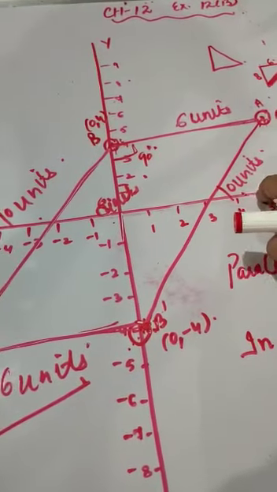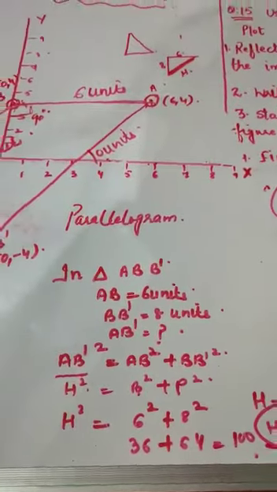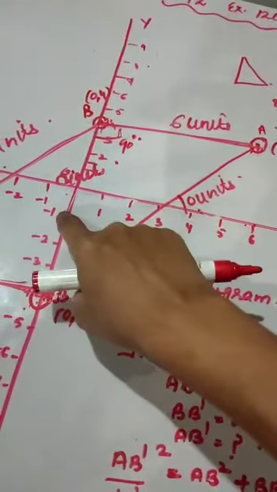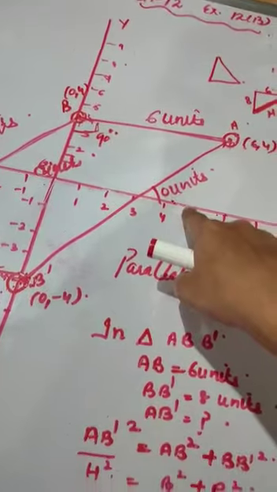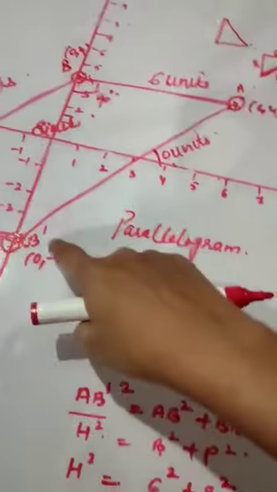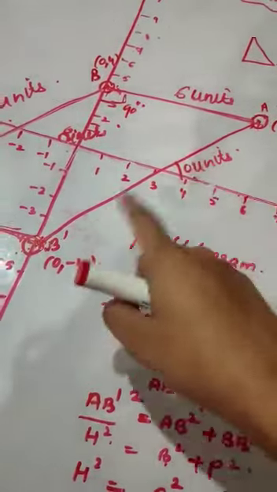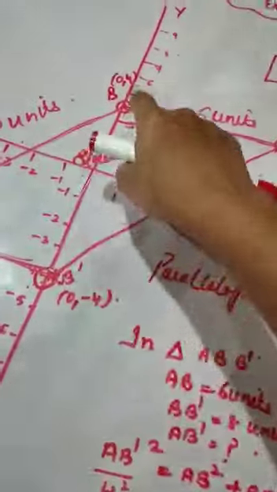So first of all, we found this side by using the Pythagoras theorem, in which this is base, this is perpendicular, this is hypotenuse, and we applied the Pythagoras theorem, and by using this theorem we got the value, that is 10 units, of AB dash. AB dash is equal to BA dash.